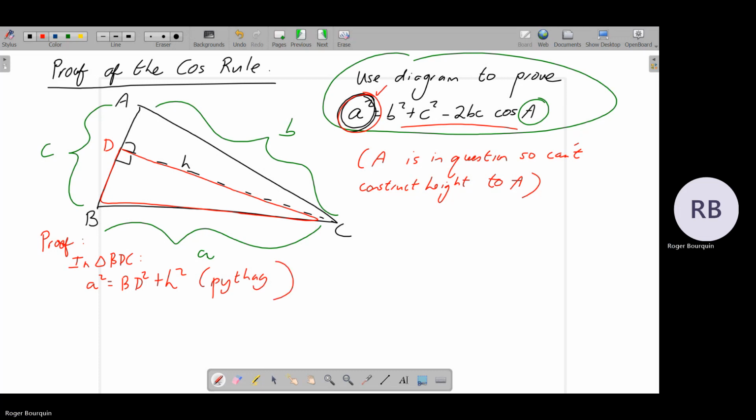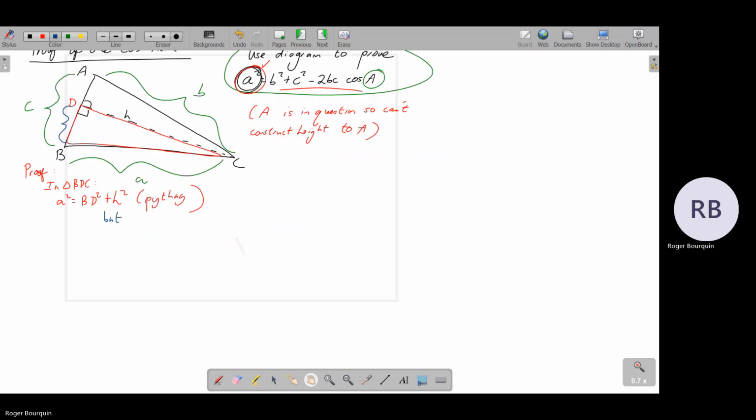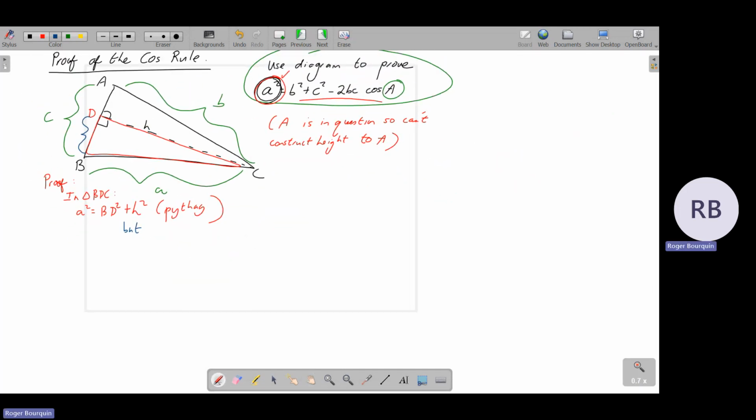Now I'm going to do a little sneaky trick. This distance BD is equal to the whole of this side c, so it's equal to little c minus AD. That's the trick we're going to have to use.